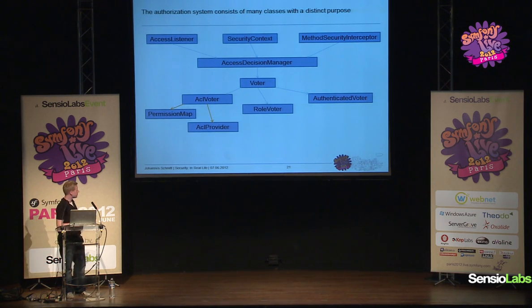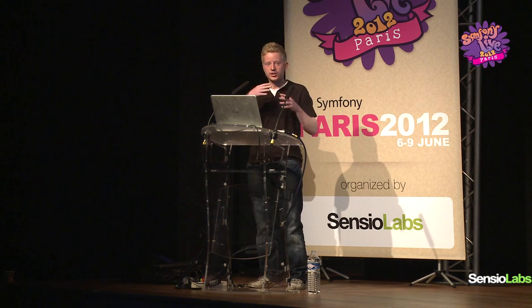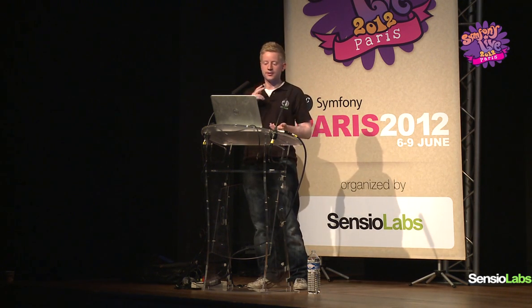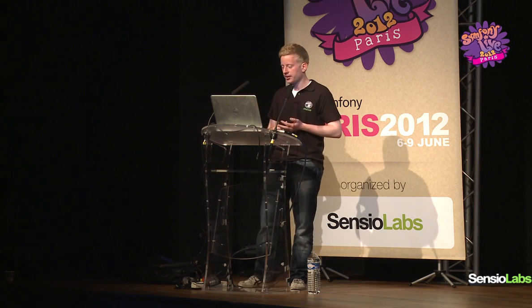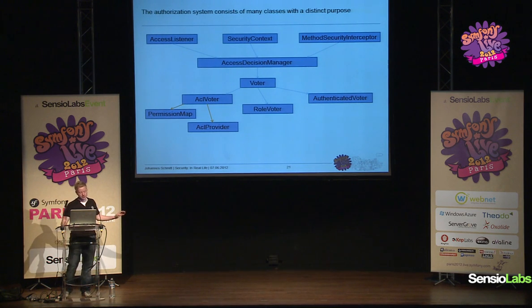The ACL voter uses a permission map, which is a translation of the human-readable attributes like edit, delete, whatever you have there, to bit masks, which you do not want to remember or use in your code, like zeros and ones, which are very efficient for storing the permissions in the database. That's what the permission map does.